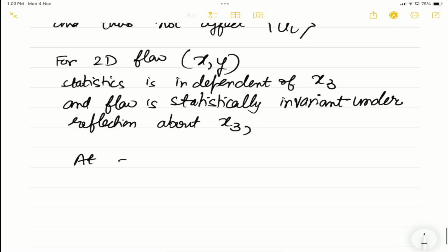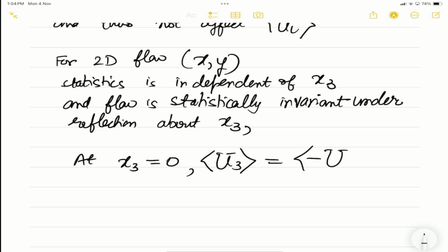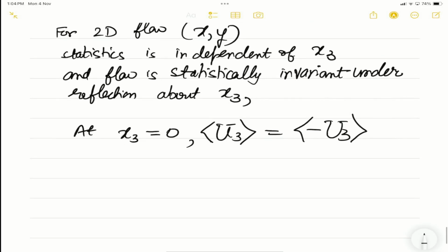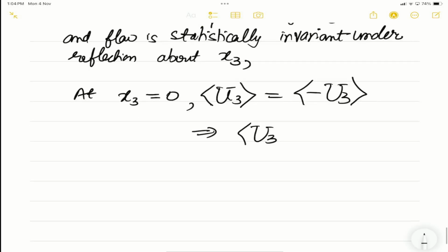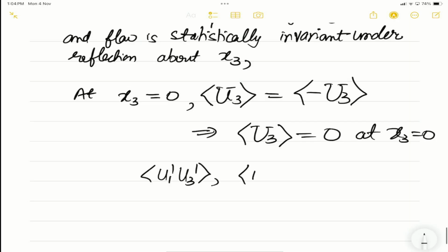Now, in such a flow, on the z axis, this will lead to u3 equals minus u3, and this will imply u3 is equal to 0 at x3 equal to 0. Also, u1 prime u3 prime and u2 prime u3 prime will be 0 at x3 equal to 0.